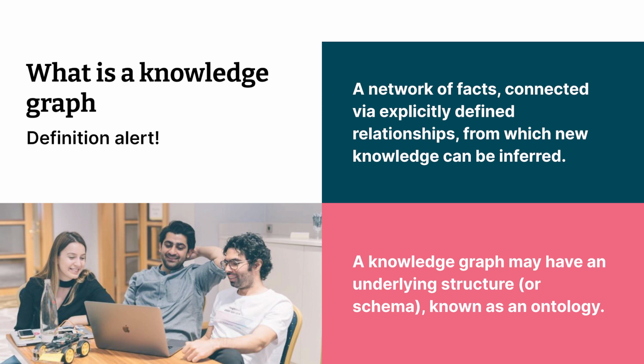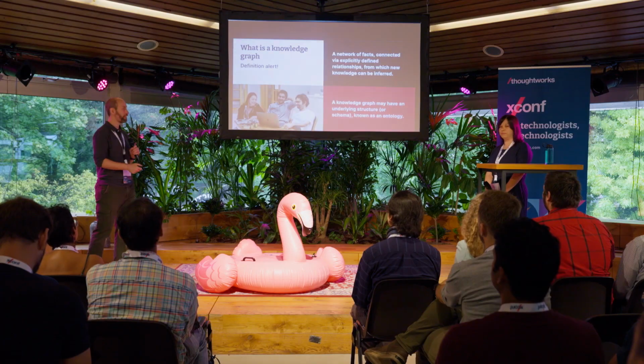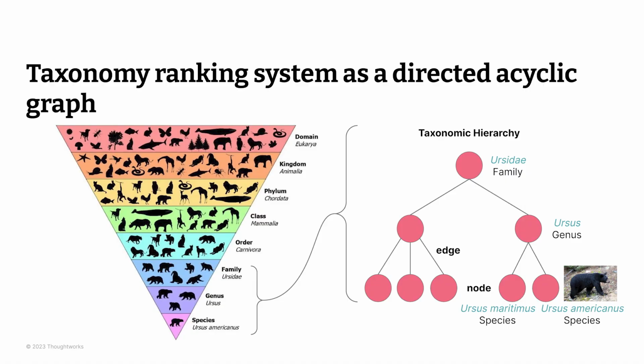Often there's an underlying schema or structure, and it's known as an ontology. The nice thing about this taxonomy hierarchy is we could represent it as a graph structure. The only difference here is that we've got edges labeled as the relationships between the various taxon levels, and then the nodes are the actual entities themselves.